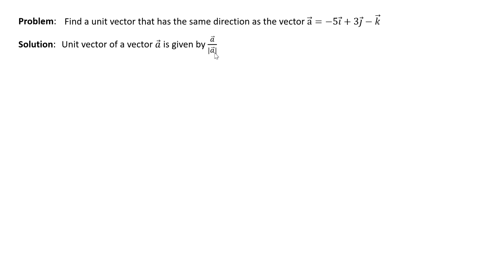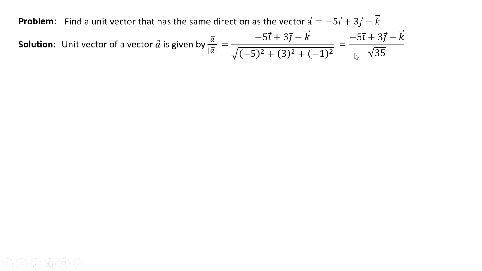When you do that, the resulting vector is guaranteed to have a magnitude of 1. Any vector divided by its magnitude will give a vector whose magnitude would be 1. So take this vector and divide it by its magnitude. The magnitude is 25, 9 is 34, 34 plus 1 is 35, square root of 35.